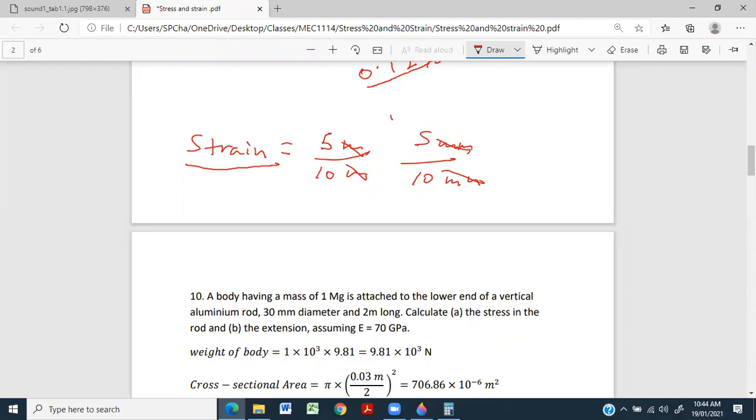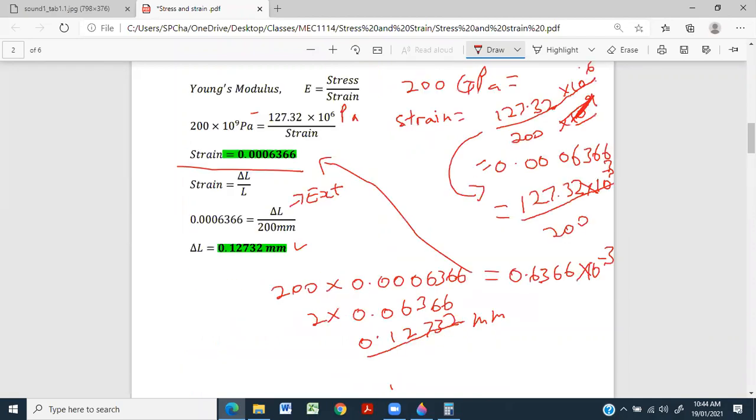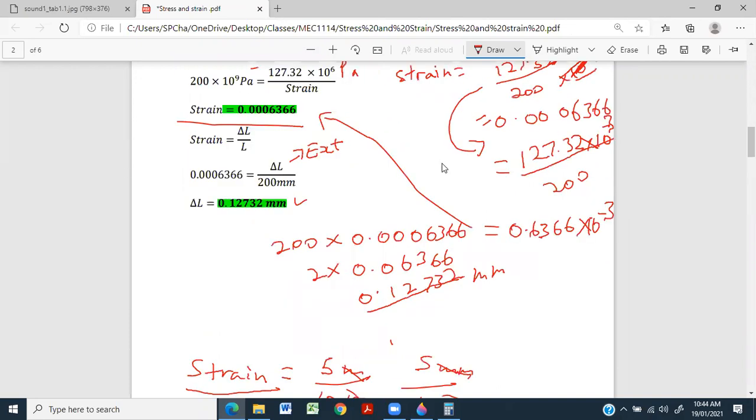Like in the question, they gave us 200 millimeters. So what we've got to remember is that the answer we get is in millimeters, and not to make the mistake of putting meters. If they give you two lengths and both are in meters, then great.